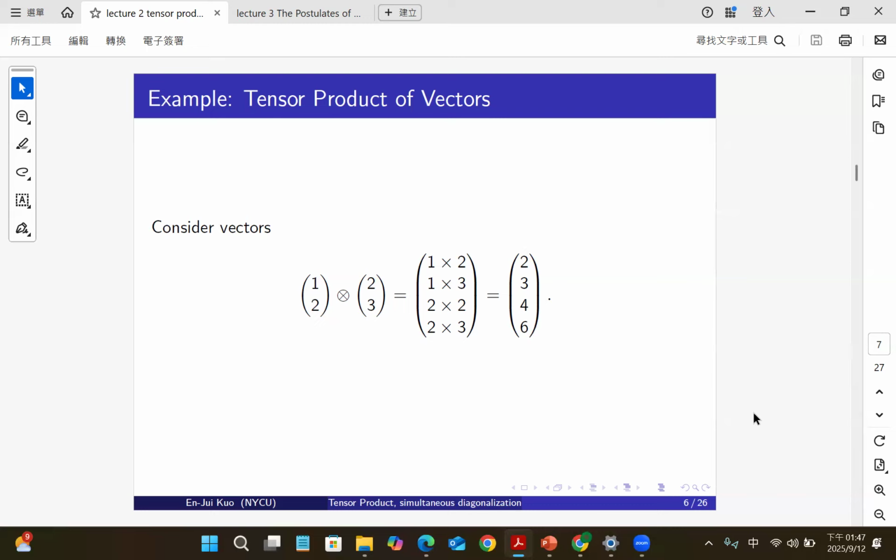So I choose 1 0 tensor 1 0. Following this formula, you just absorb 1 0 into this, and 0 into this. So you get 1 0 0 0.